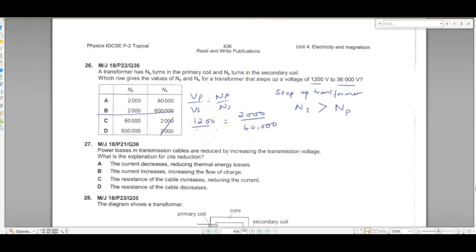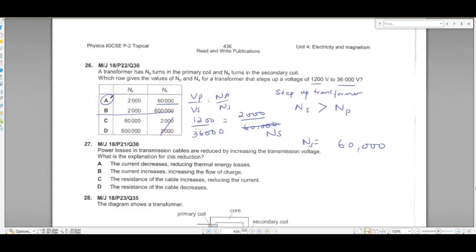Let's take 36,000, and let this value be Ns, just to check if these values correspond with all the other values. So Ns according to this is 60,000, which is the correct answer over here. If we are taking these three values, then the fourth value should come out to be 60,000. So A is the correct option.